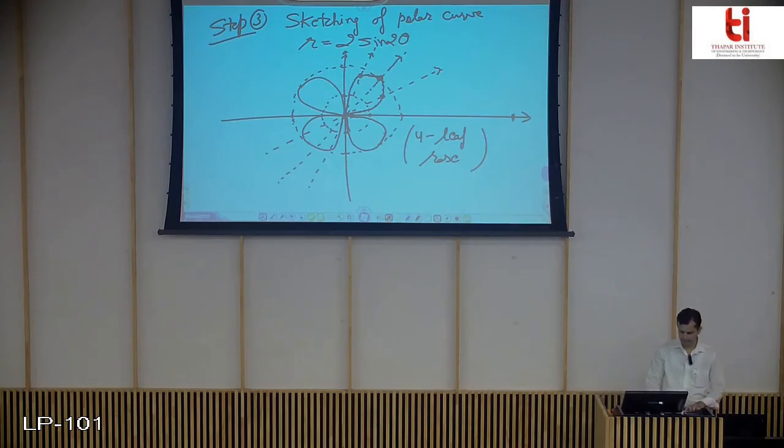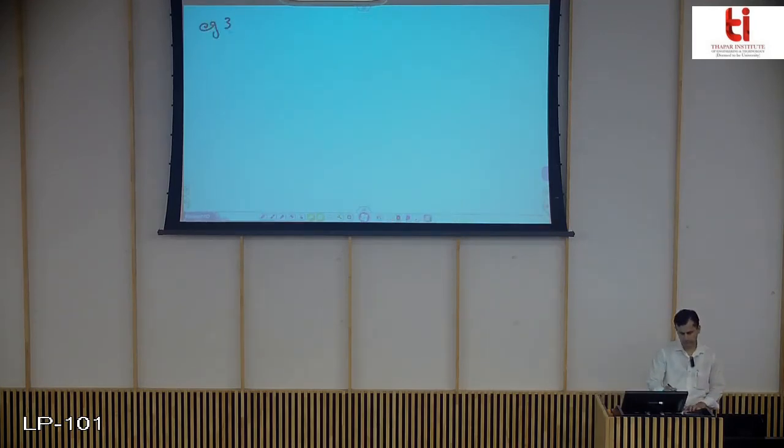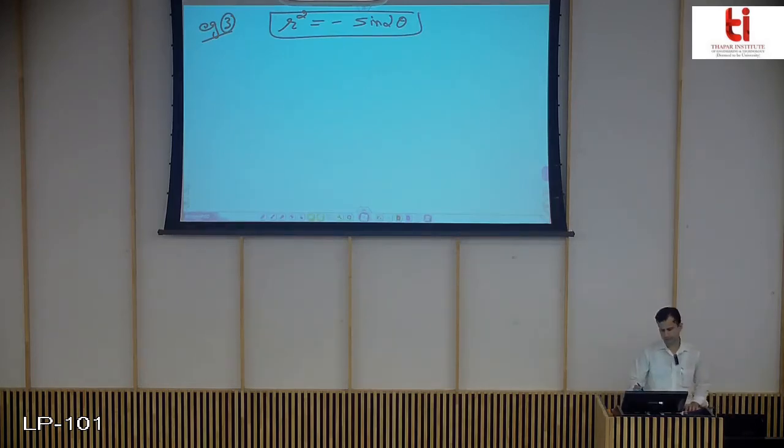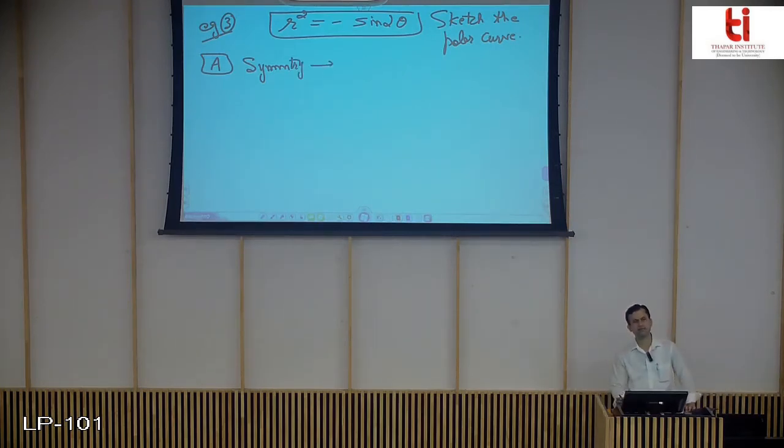Let us close this graphing of polar curves with the last question, r squared equals minus sin 2 theta. Sketch the polar curve. For this question, we have already computed the symmetry, because while we were discussing symmetry in the beginning, we did the same example.